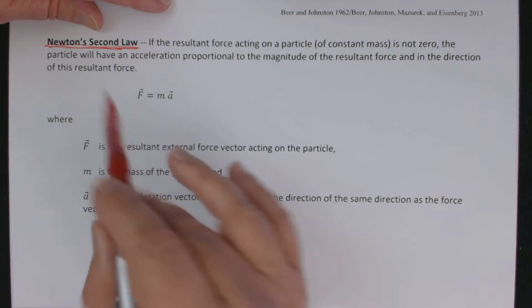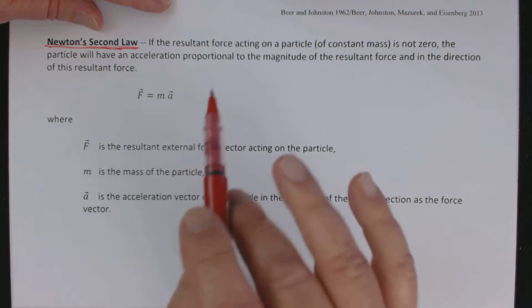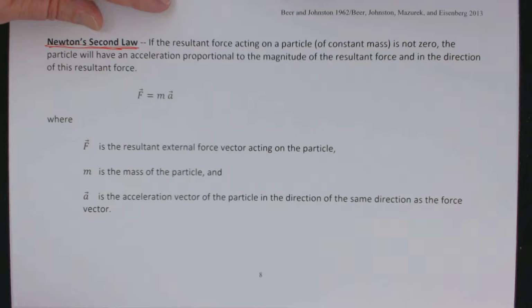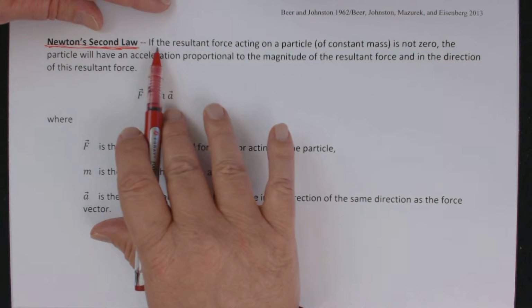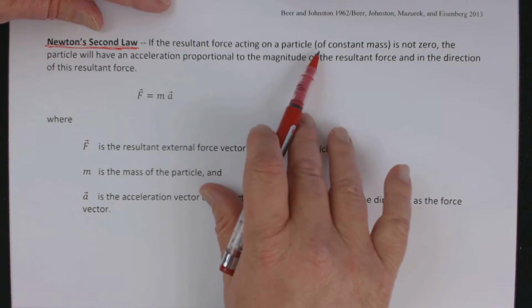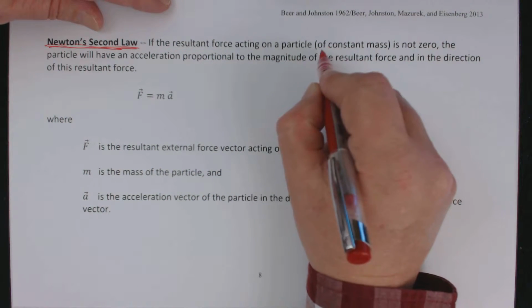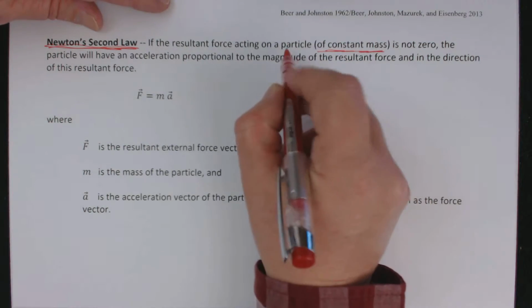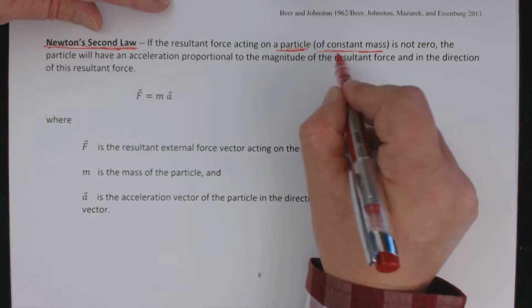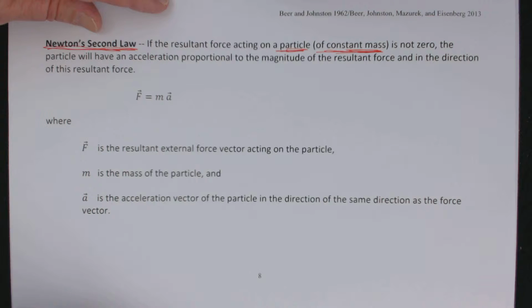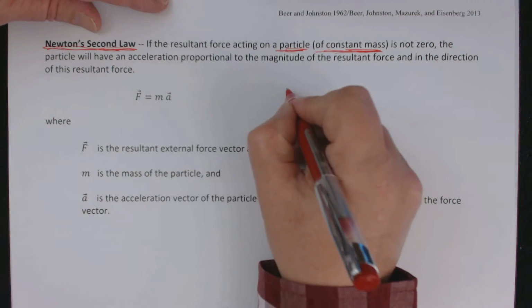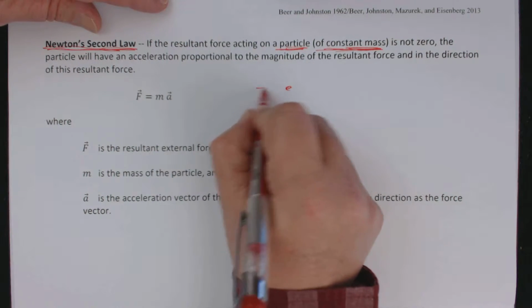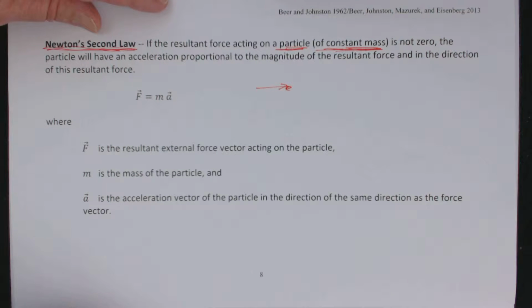And so I want to just touch on this law a little bit, just so you'll be able to think back on it later and know what's going on. It says if the resultant force acting on a particle, now this is very big here, of constant mass. So there's two things: particle and constant mass. Okay, so we're saying there's a particle here and there is a force acting right there.